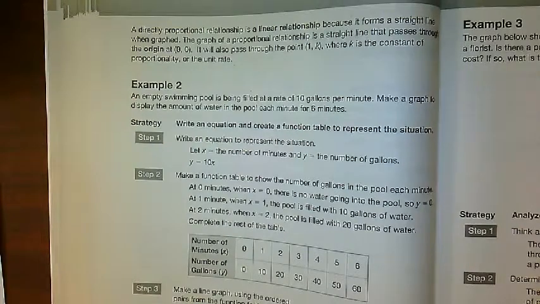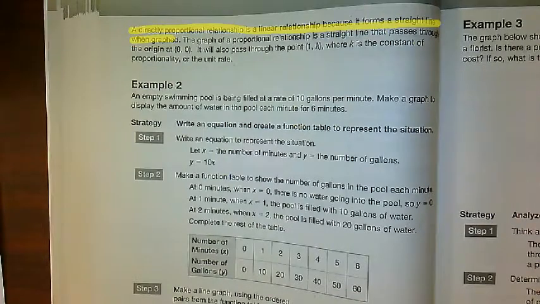A directly proportional relationship is a linear relationship because it forms a straight line when we graph it. This also has to go through the origin. It only needs to do those 2 things. Number 1, it has to be straight. Number 2, it needs to go through the origin. Remember, that's 0, 0. If it can't do that, then it does not work.